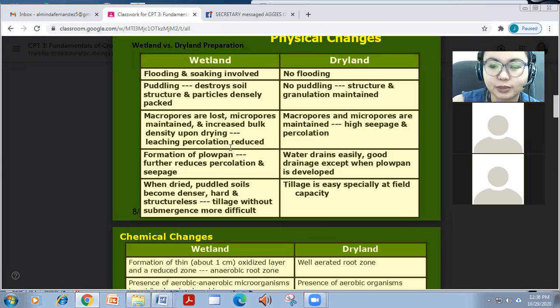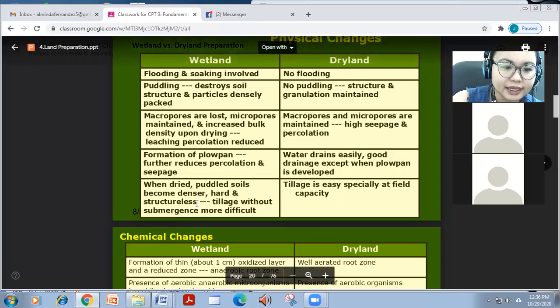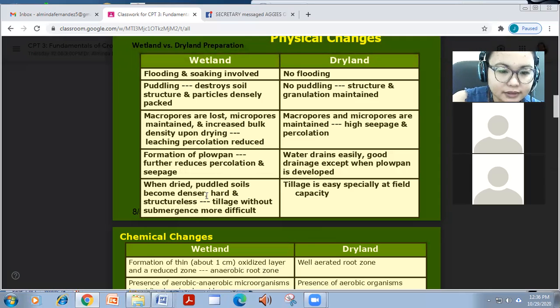So that's what we call plow pan. Like the mud only reaches the knee because a plow pan forms below. And lastly, when dried, puddled soil becomes denser, hard, and structureless, and tillage without submergence is very difficult. But in a dryland, tillage is easy, especially at field capacity.